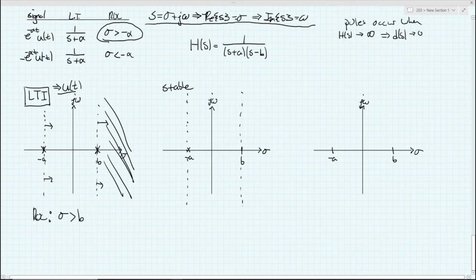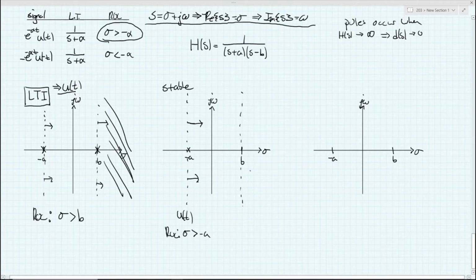So that means that at a, we must be going to the right. So a is a right half plane. The signal associated with the pole at negative a is going to be a causal signal. So right here we can write u of t. This is going to have a region of convergence of sigma greater than negative a.